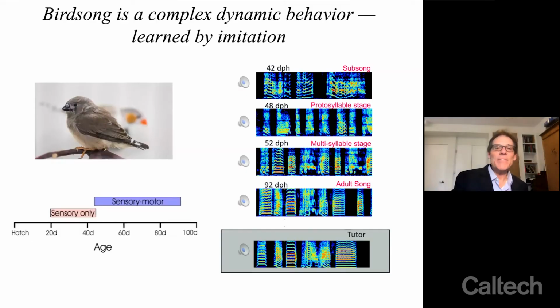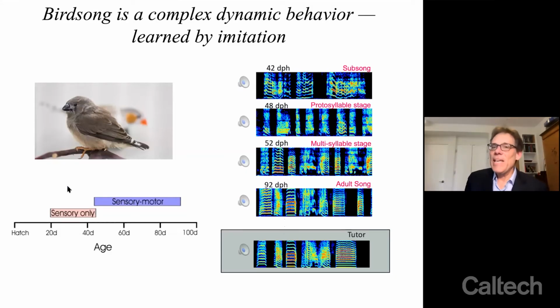So as Carlos mentioned, our lab uses the songbird as a model system to understand how the brain generates complex learned sequential behaviors, and to understand the brain circuits that do this at a detailed, mechanistic, quantitative engineering level of description. Young songbirds learn their songs by imitating their parents, and they do this in a series of stages.